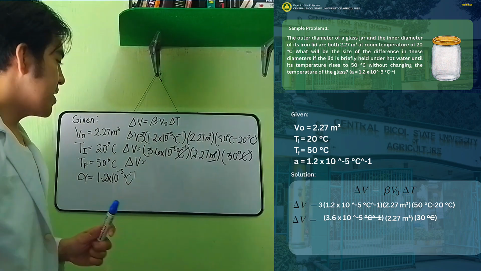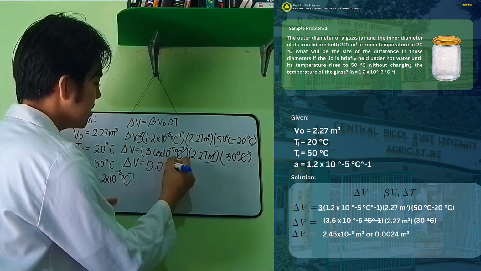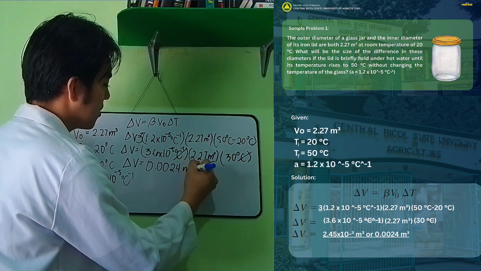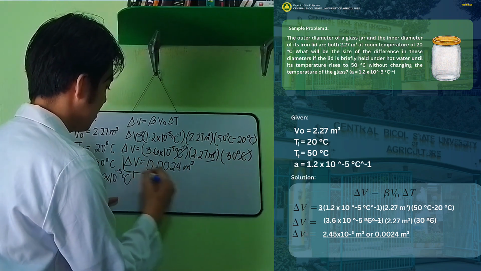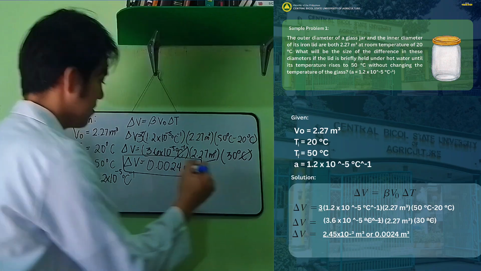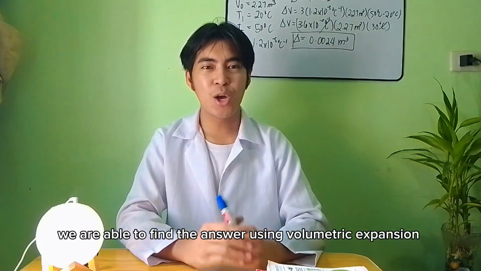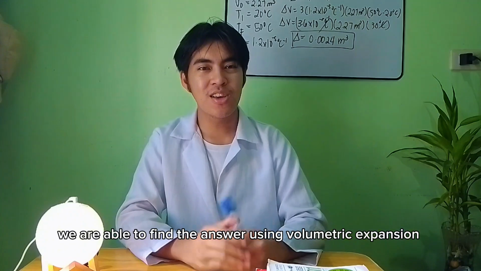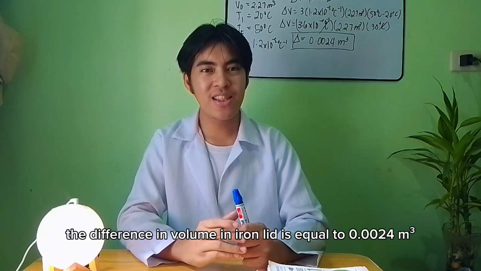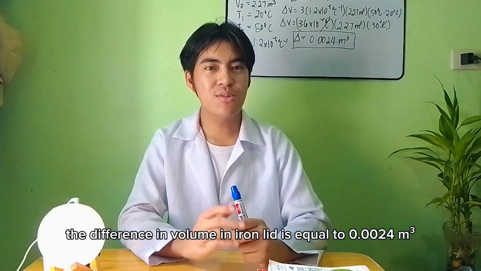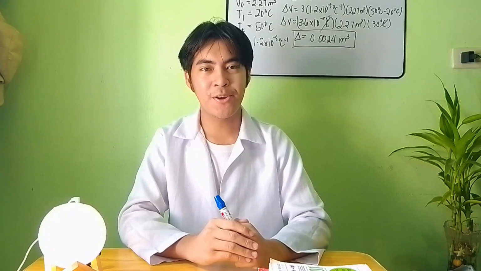So our answer is 0.0024 cubic meters. So in our problem, we are able to find the answer using volumetric expansion. The difference in volume in the iron bead is equal to 0.0024 cubic meters.